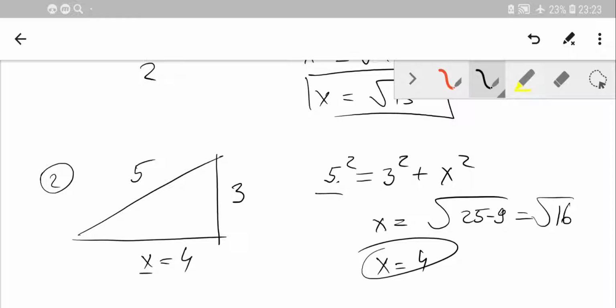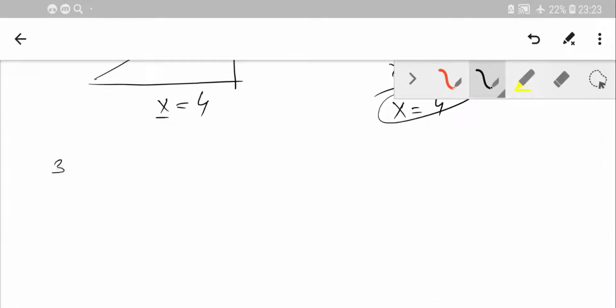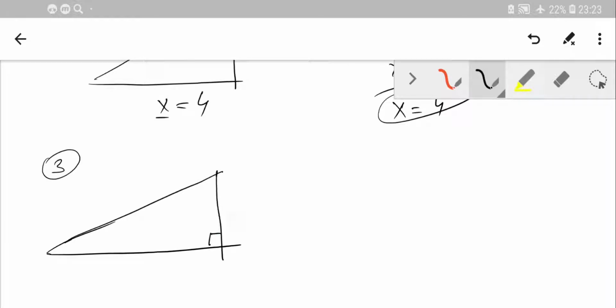What if you're given, instead, let's consider a new problem. What if you're given a right angle triangle and now the sides are given as, let's say, square root of 10, for example, and here is square root of 2, and you need to find x. Okay, no problem. Just make sure you can work with surds.